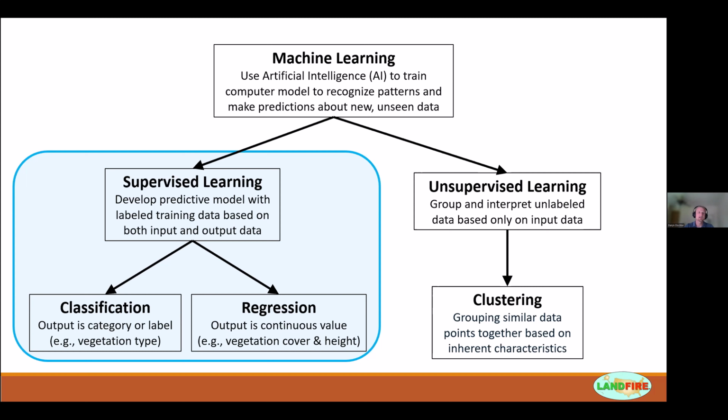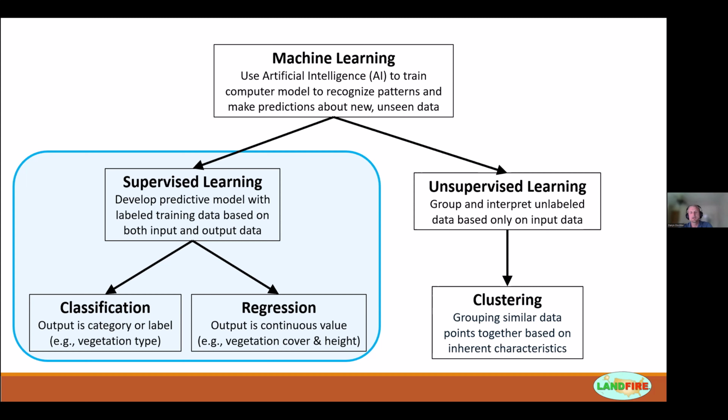So that uses classification. And then there's regression, and that's for continuous variables. So think vegetation cover and height. Those are going to be regression models. So this was just a helpful way to lay out, we're looking at machine learning, the different types, and what we're dealing with on LANDFIRE.